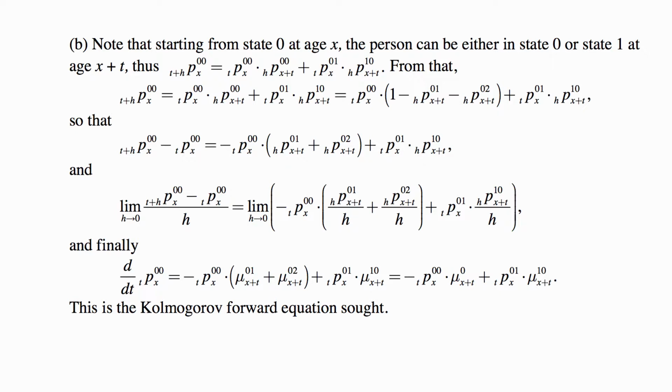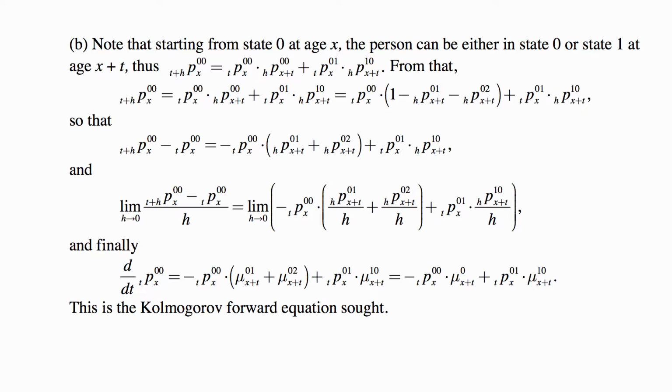And when we divide those probabilities of surviving for h years from x plus t, that thing is divided by hp x plus t 01 plus hp x plus t 02, both divided by h. And when we divide hp x plus t 10 by h, then the limits of those are forces of transition.